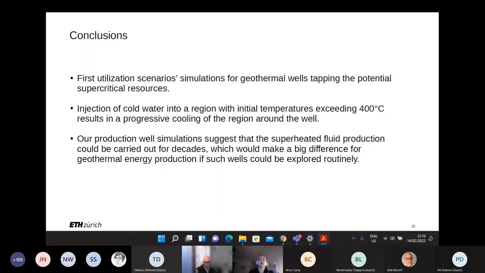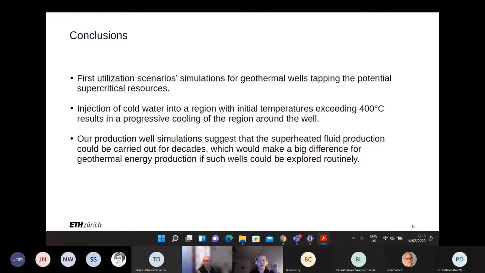And just to give some outlook, because those are only the first simulations, we have rather low well rates, and this is for two reasons. So one is that we have a very short completion length of the well, only 100 meters.